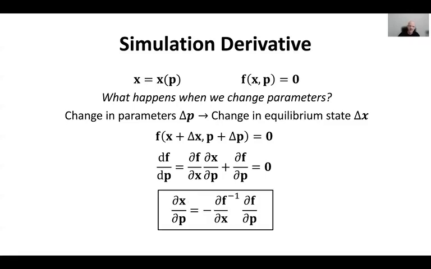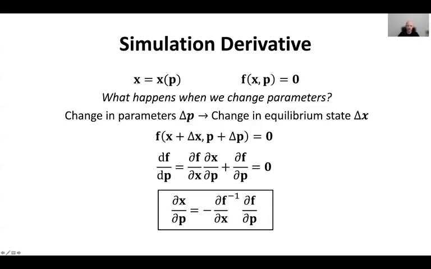Now, what we see in here now is actually what we're looking for. This expression here, dx dp, that's the simulation derivative. And we're already given it in an analytically closed form. Just we have to invert this matrix df dx, the force Jacobian, and then multiply df dp onto it.